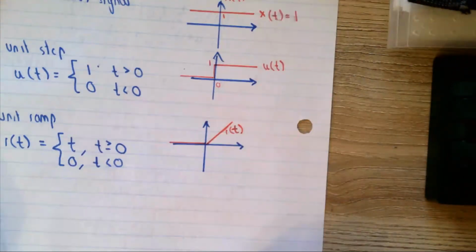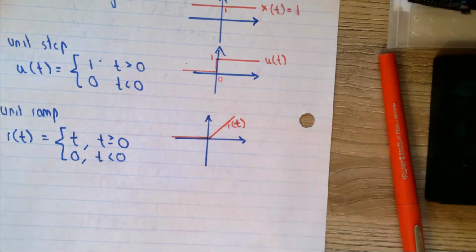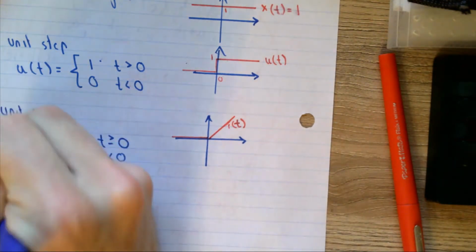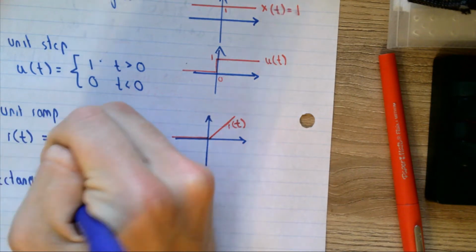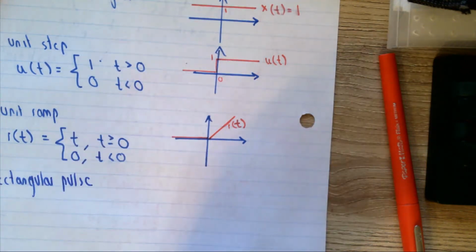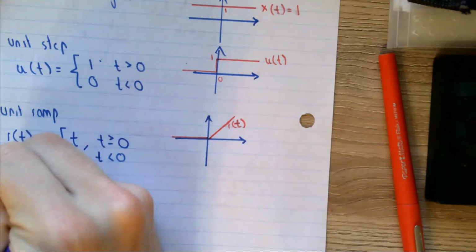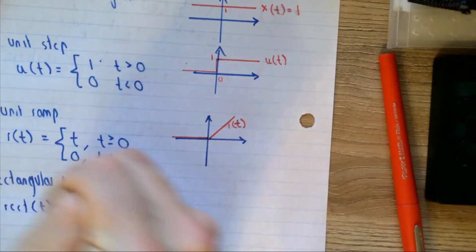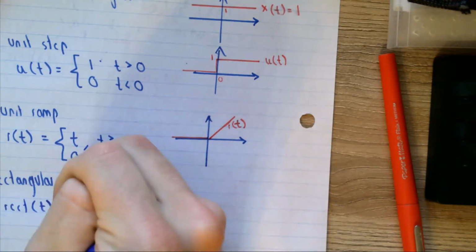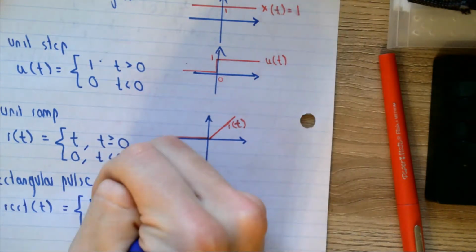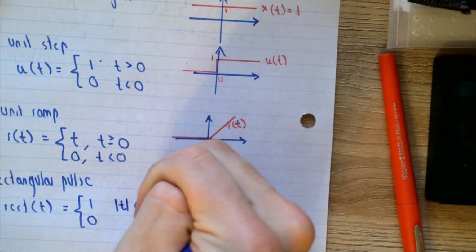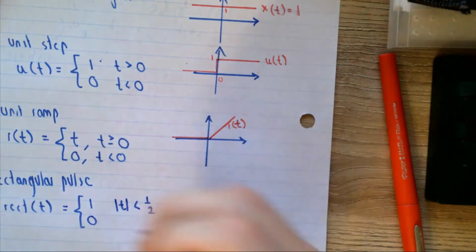The rectangular pulse, that one is basically rect of t is equal to 1 for the absolute value of t less than 1/2, and 0 for the absolute value of t greater than 1/2.